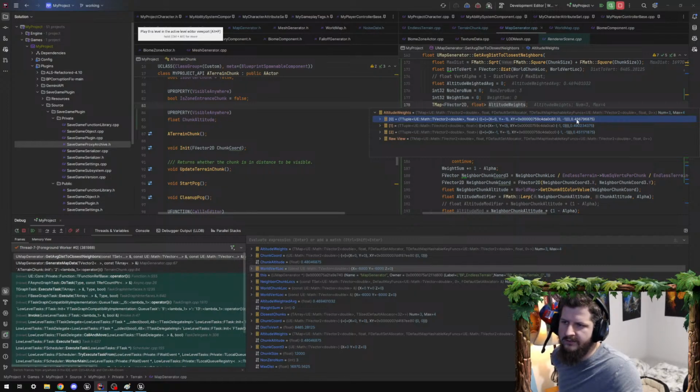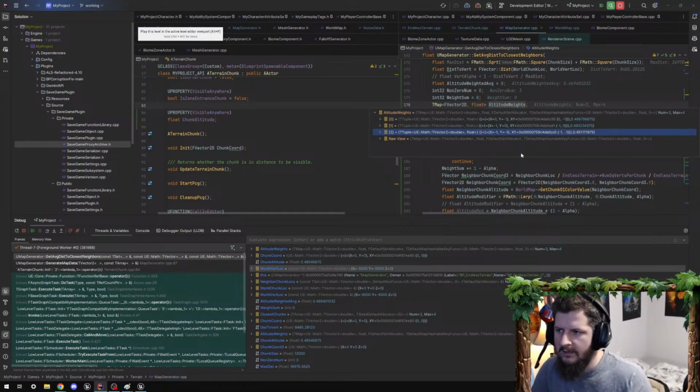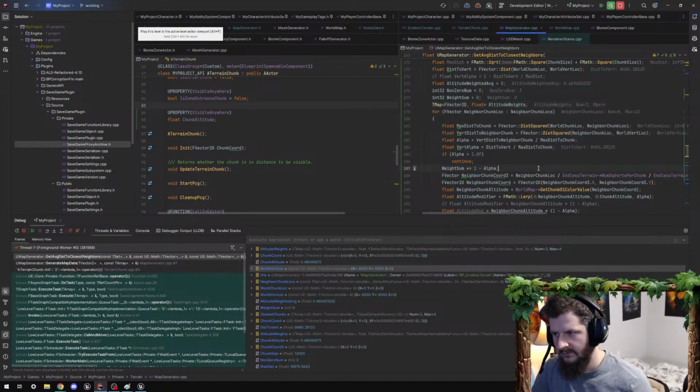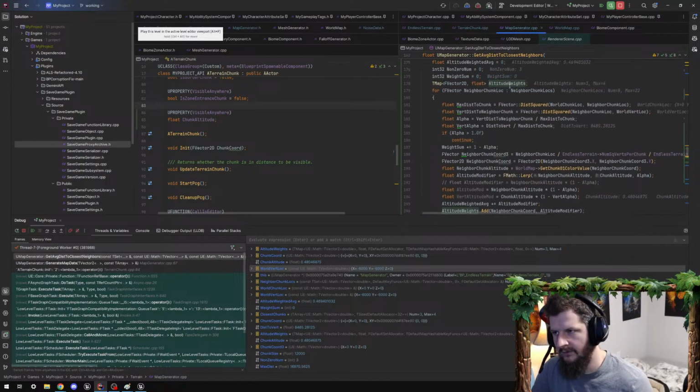The lerp between the 2 values was 0.46. And lerping between the current chunk and the neighbor chunk for the chunk on the left was 0.49, and for the chunk to the top left is 0.45. And so I add all those up here, and then I divide by however many there are.